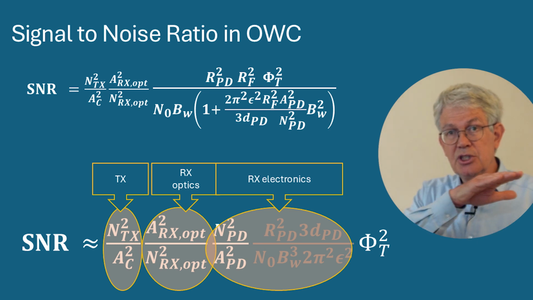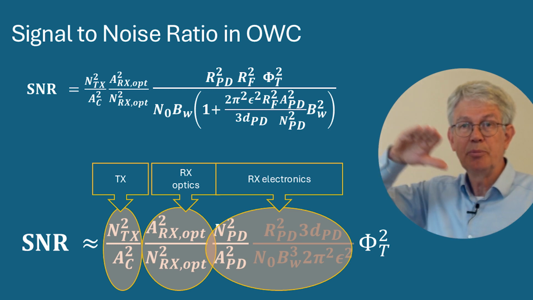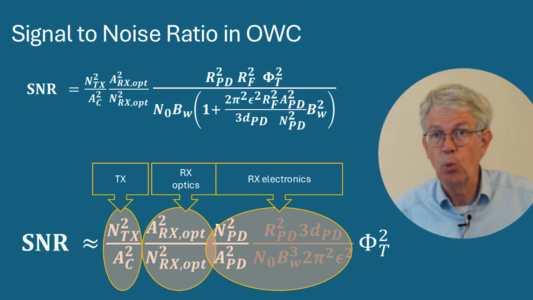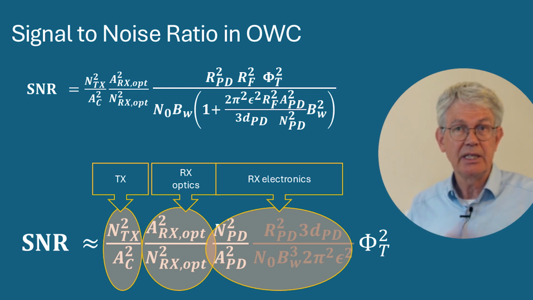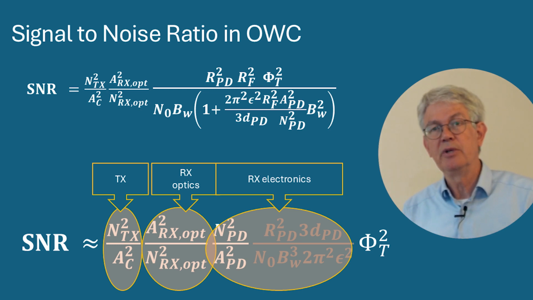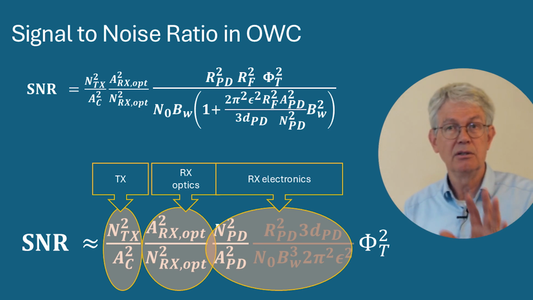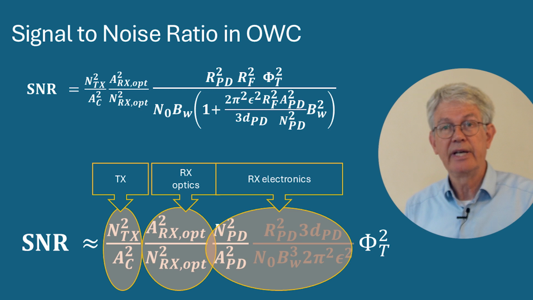So the noise is initially flat, that's the first term in the denominator, and then it goes up dramatically with bandwidth squared in the second term. And quite often we want to communicate at high bit rates, high bandwidth, such that that 1 plus is relatively small. And then the combined effects of bandwidth comes in cube. So we have a large effect of that bandwidth.